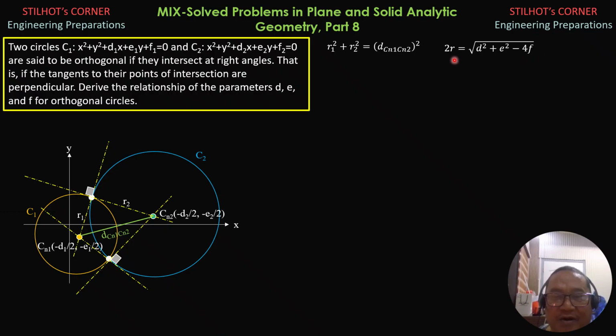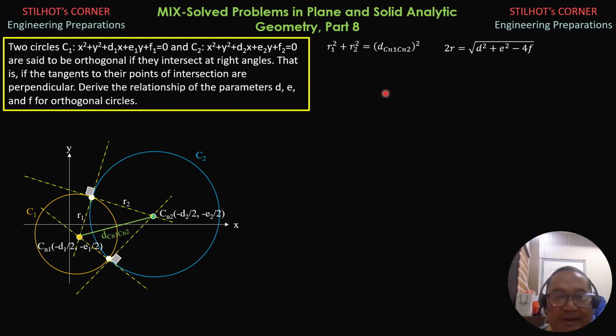Therefore, r1 is 1 half the square root of d sub 1 squared plus e sub 1 squared minus 4 f1, and r sub 2 is 1 half the square root of d sub 2 squared plus e sub 2 squared minus 4 times f2. Substitute into this equation, and the distance between centers 1 and 2 is the square root of the quantity negative d sub 2 over 2 minus negative d sub 1 over 2, squared, plus the quantity negative e sub 2 over 2 minus negative e sub 1 over 2, squared.